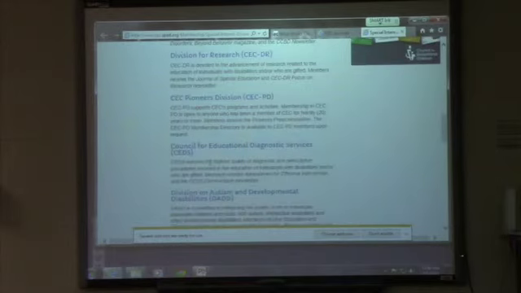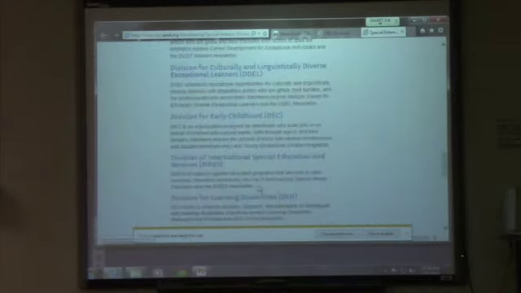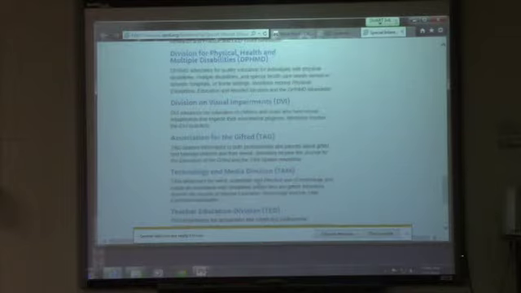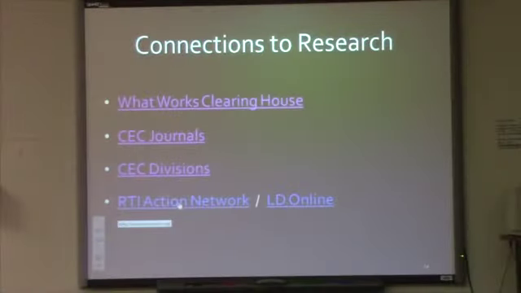So if it's students with autism, then you can go here, and that's the division where people talk about autism. You can find strategies or other websites and links, and these are all the divisions for different types of disability categories. Here's RTI, LD, that's more specific.